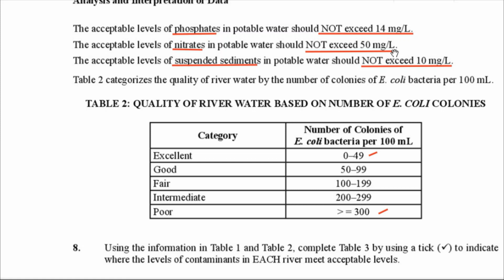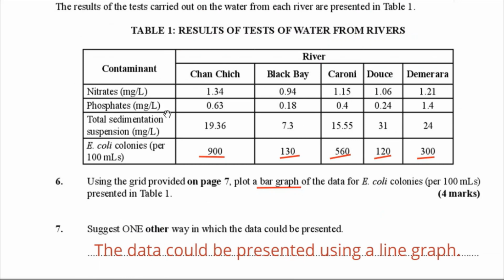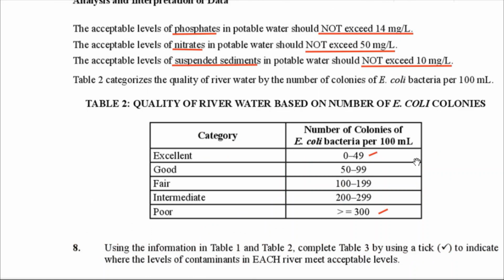They're all acceptable because they're way below that amount. And for the phosphates, it should not exceed 14 milligrams per liter. Going back to that, the phosphates here, all of them are way below 14 milligrams. You can see all of them are 0 point something. The Demerara is 1.4. So all of them are below the levels.